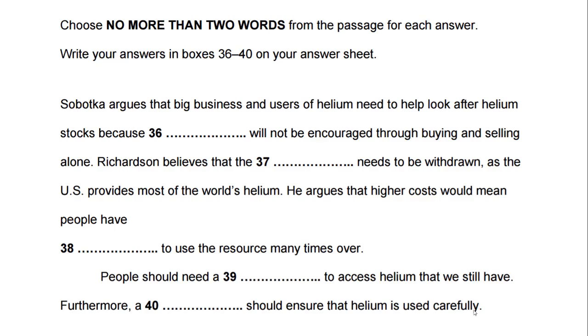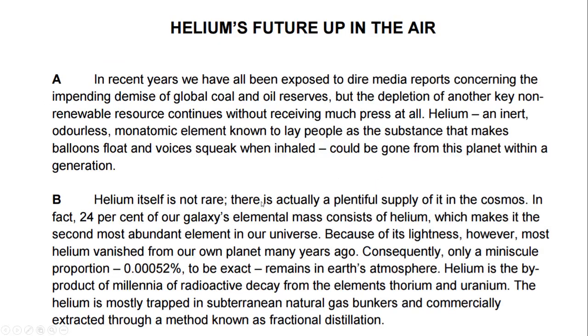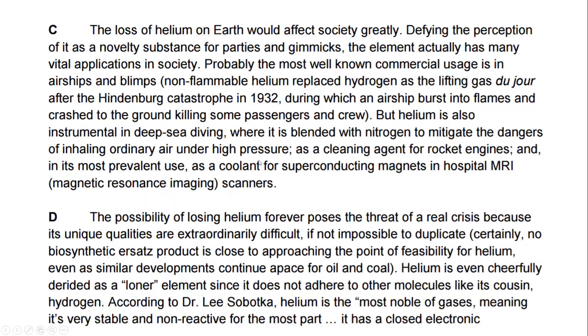Okay, so now that we've done that and we've sort of predicted our answers as well, now we need to find the location of the first answer. So Sobotka argues that big business users, so we need Sobotka, that's going to help us because this is probably the name of a man, a woman, a business, something like that. So let's scan for that. Here's the text. Sobotka, no. Okay, here we go.